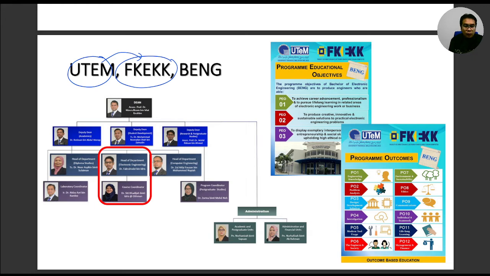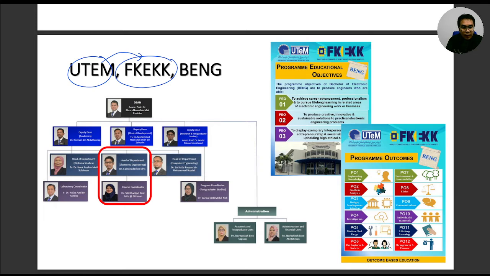So I would like to introduce our respected Dean, Associate Professor Dr. Masrul Rizal bin Mat Ibrahim, helped by 3 Deputy Deans: Academic, Student Development and Research, and Research and Postgraduate Studies, Dr. Ridwan, Dr. Shah, and Dr. Ridwan Manap.